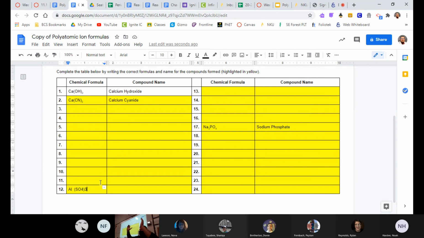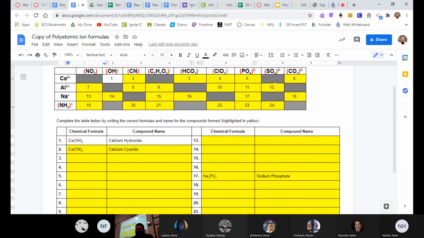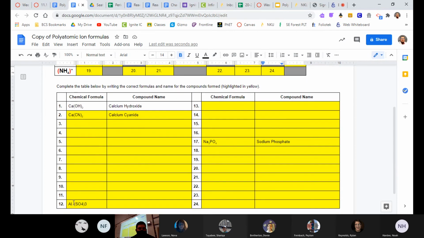Just like in math class, you put a number outside the parentheses, everything gets multiplied by that number. So for sulfate, there's aluminum, going to give 3 to sulfate, and sulfate is going to give how many to aluminum? Sulfate is -2, so sulfate is going to give 2 to the aluminum. Okay, we're crisscrossing the charges non-stop there.